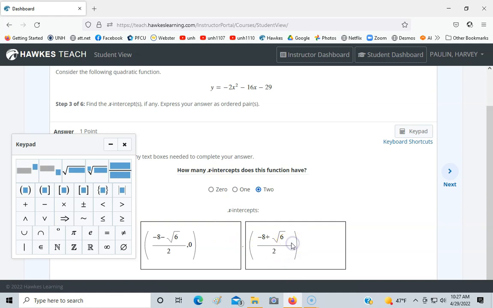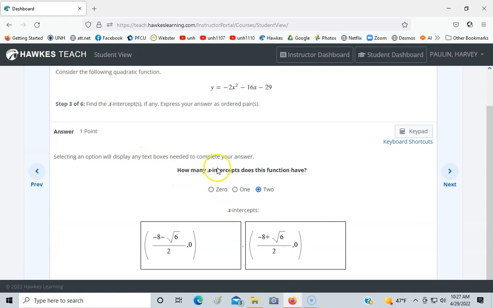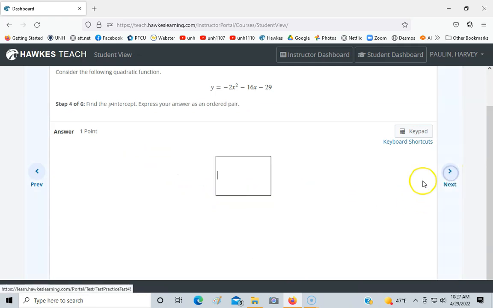Again, getting out of it, putting a comma. These are ordered pairs, and then 0. Okay. Again, we're getting practice using our tools.